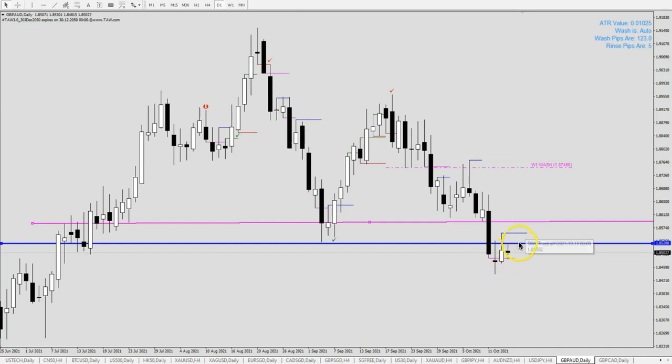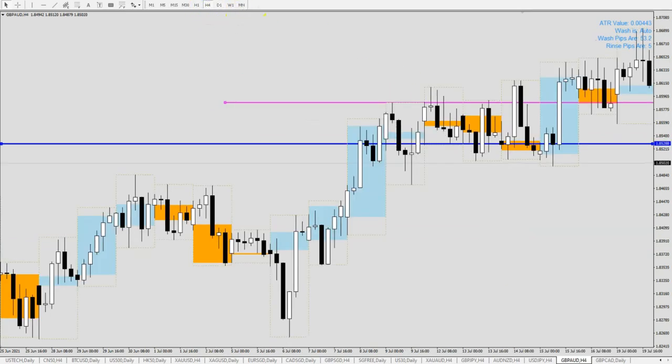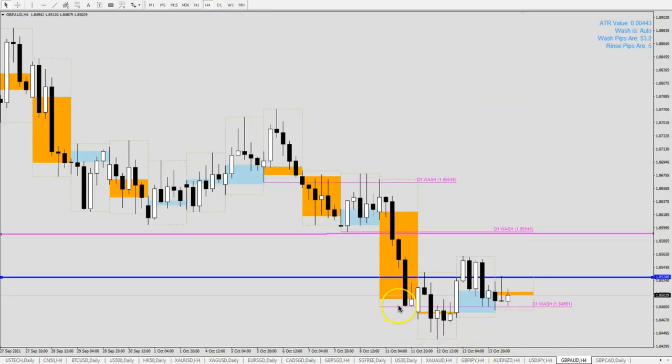Now, along this retracement, would there be a counter signal to long? Yes, definitely. Let me just show it to you. For example, if you have the H4, you're going to see the day wash here. The day wash already shows a bullish signal to go long. Can you take this bullish signal?